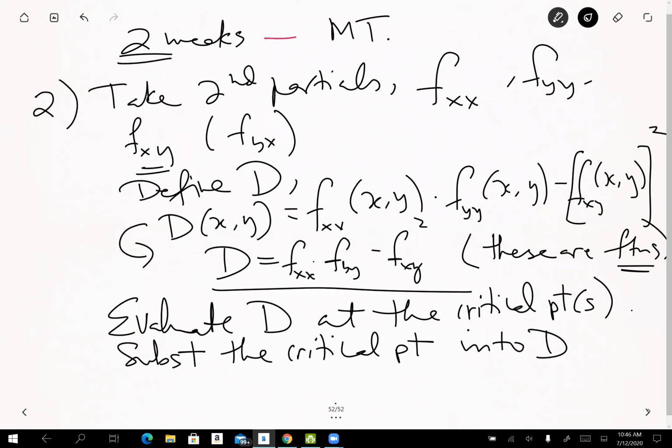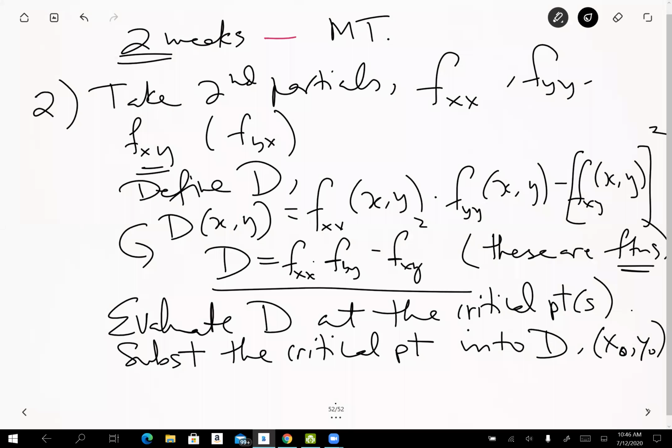All right. So for the first part, we already have the critical point. So let's say the critical point, you call it x0, y0. The first part that we were doing last class, you have the critical point where fx equal to 0, fy equal to 0, that's the critical point.